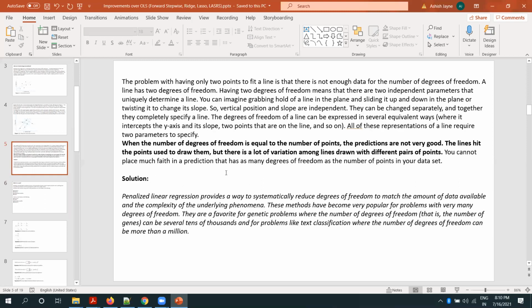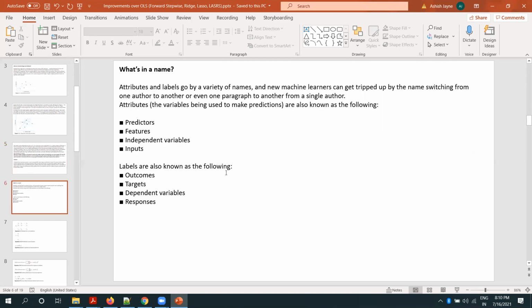Penalized linear regression solves this problem by reducing the degrees of freedom. Now, how do we do that?